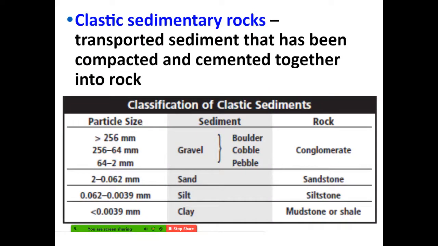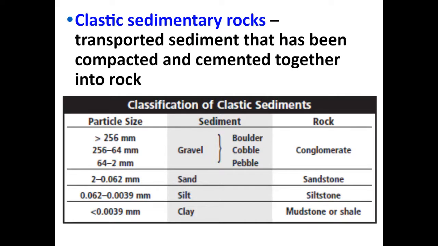So clastic sedimentary rocks are formed when sediment is cemented together. The sediments come in different sizes. So we have gravel and sand, silt, and clay. The clay is the smallest and gravel is the largest. And each rock type that forms from these different types of sediment is often named after the sediment that it forms from.